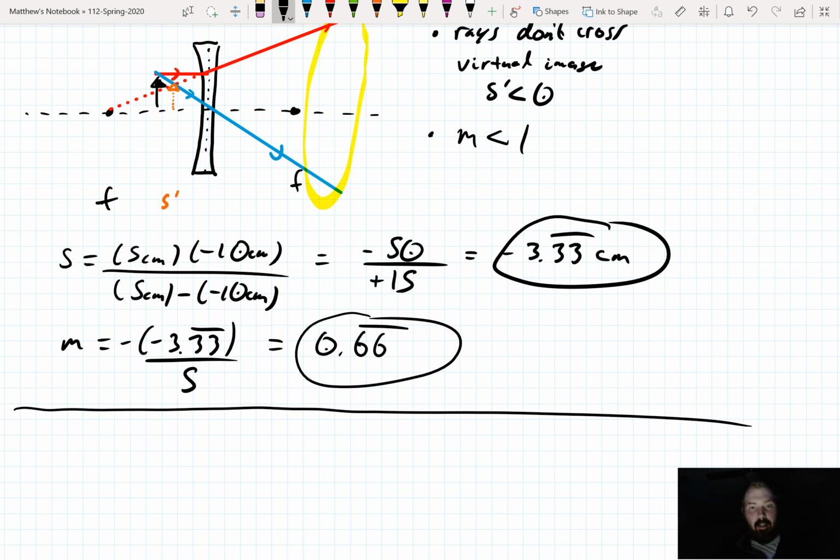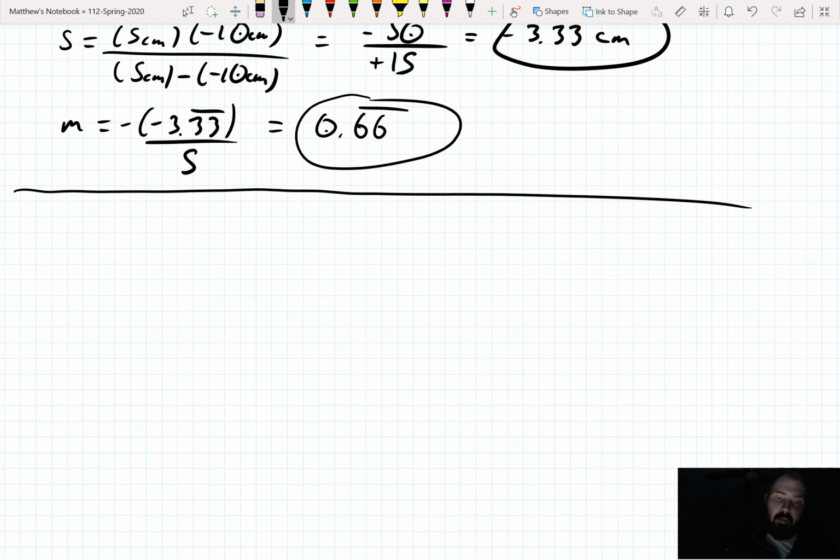All right, last one. We'll have the object sit right on top of the focus. So F is minus 10 centimeters, and S is going to be 10 centimeters.